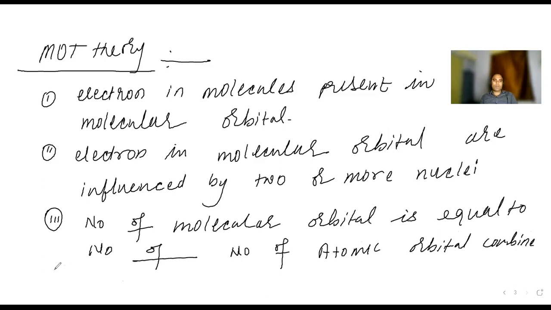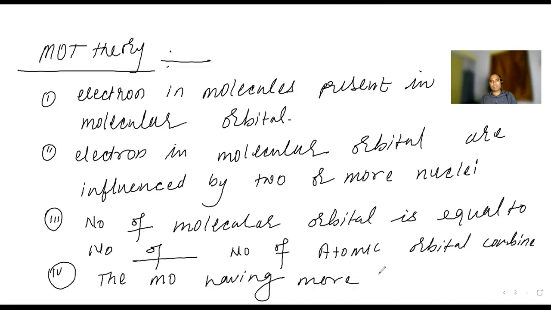Now the fourth point: the molecular orbital having more energy is known as antibonding molecular orbital.